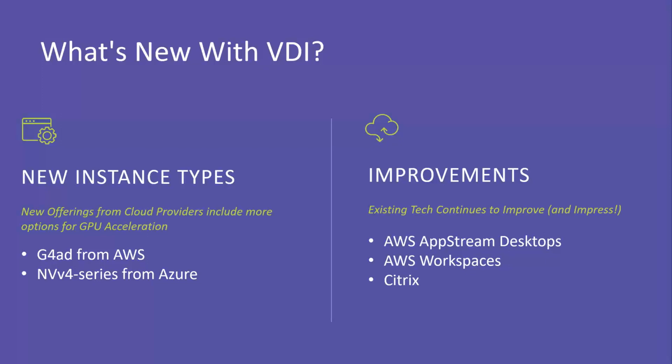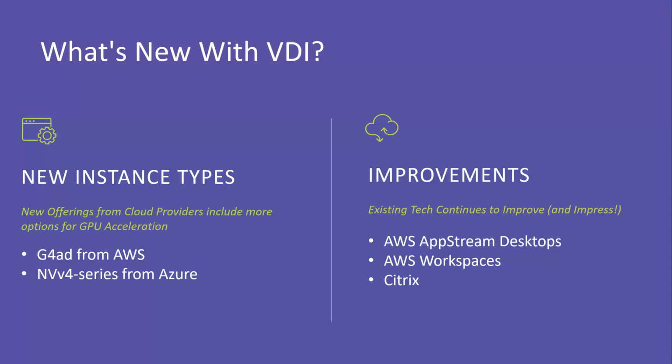And speaking of competition, on the other side, we have Azure from Microsoft, and they do have a new instance family, and it's called the NVV4, and that is also using AMD's CPUs and GPUs. The difference here with the Azure offering is that these instances are giving you a fractional slice of a big giant graphics card, and they're just giving you a piece of that for your server.